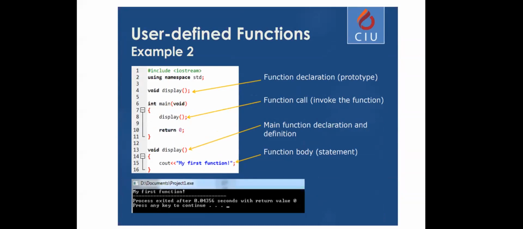You can write the function prototype declaration at the top, then call the function, and when you call the function itself, it executes the body. So this basically is defining the function, just like how you define variables.